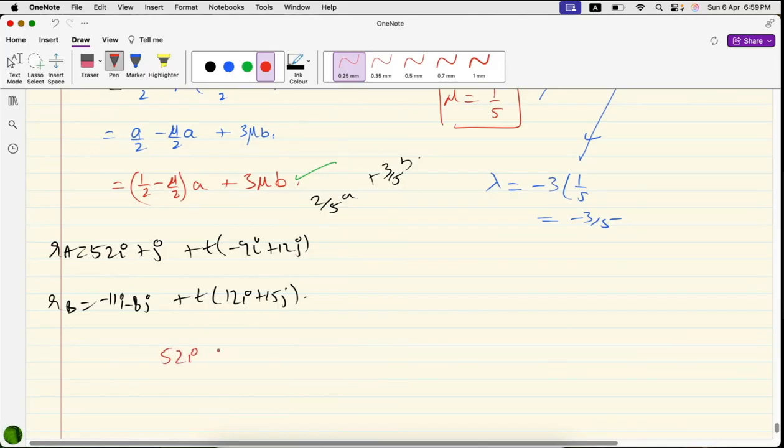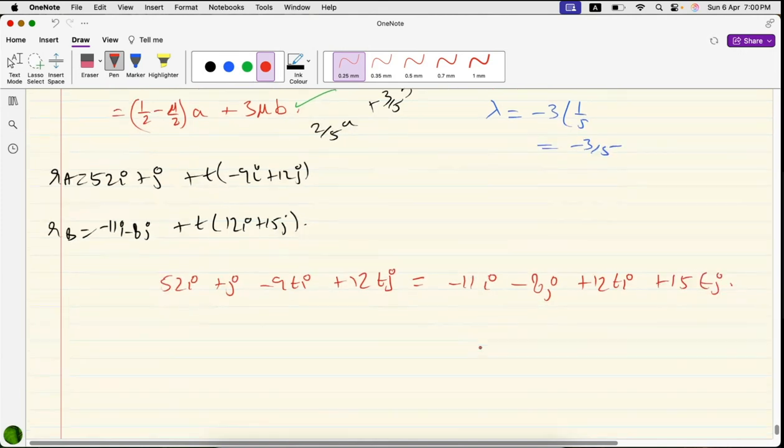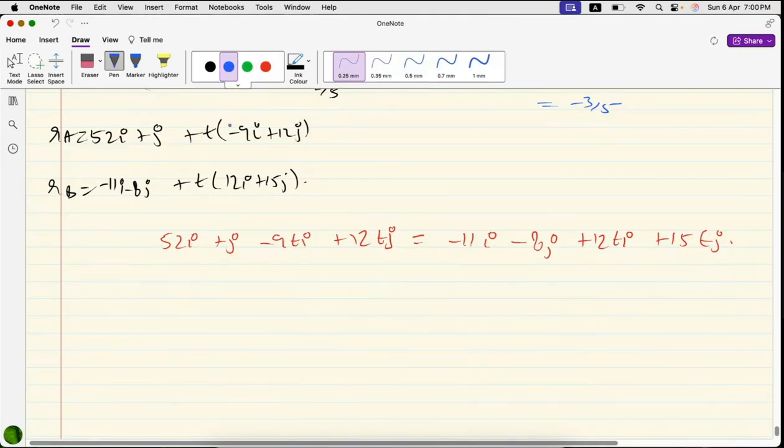So 52i plus j minus 9ti plus 12tj is equal to minus 11i minus 8j plus 12ti plus 15tj. Now we're dealing with all i's and all j's on the left side and right side.